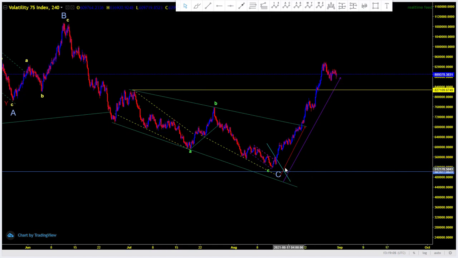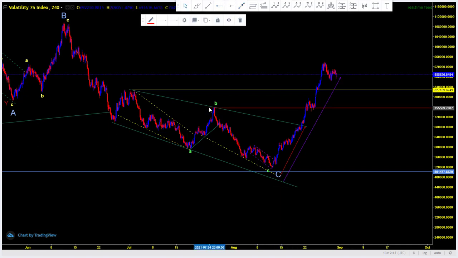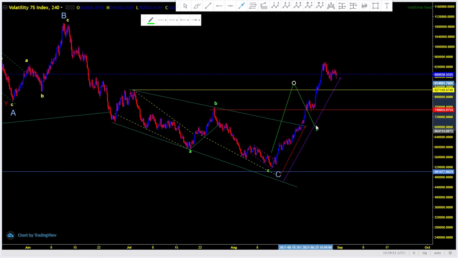So last time we were around here, and what we said was that this is going to buy to, we had a line, I think, somewhere there, and we said this would buy to either these areas and come back and retest and continue, or it would buy and take out this high. Then after taking out that high, it would come back to these areas where we would then need to use these order blocks to look for buys going upside. If you go and watch that video, you get full details of what I'm talking about.